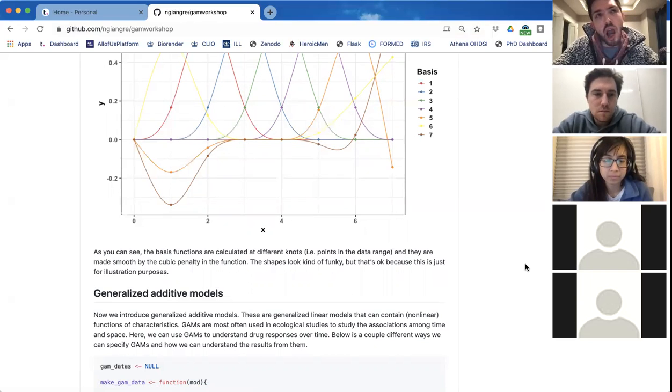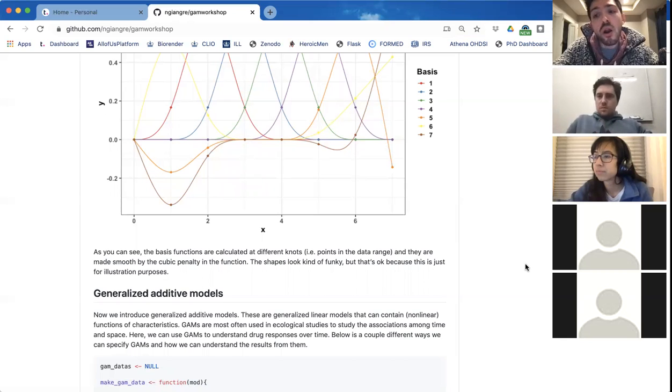There could be 10 knots, 25, and they could be at different positions. Or, and what I'll cover below, the model can choose them for you based on your data. If you don't know where the knots should be, it's usually better to let the data tell you.